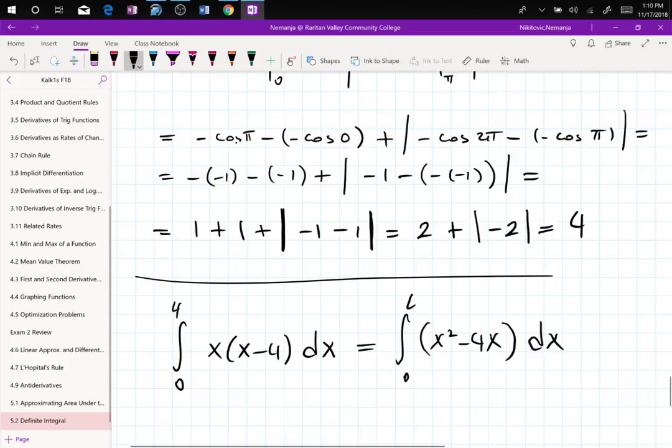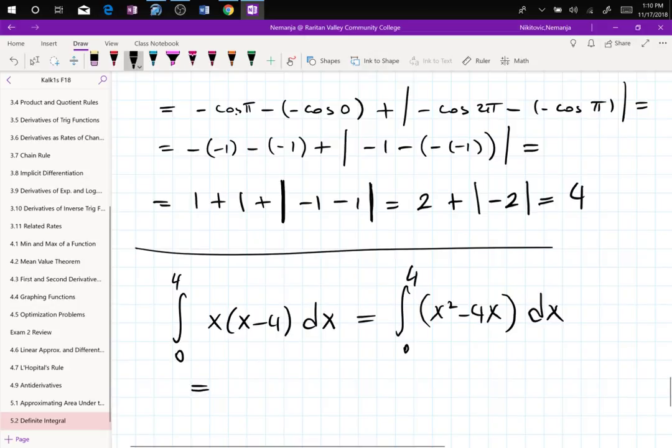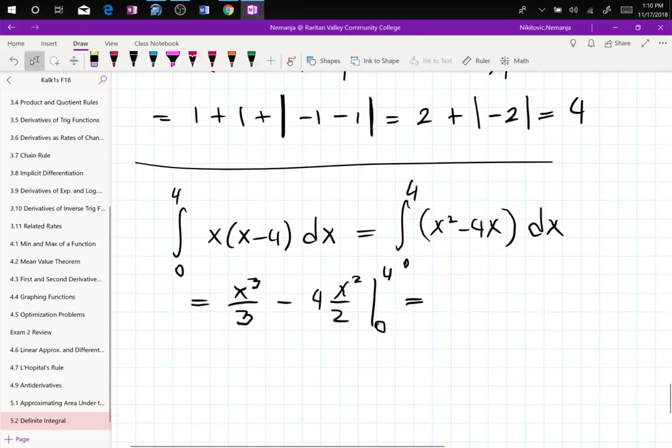We have our limits 0 to 4. Now we integrate, we get x cubed over 3 minus 4 times x squared over 2, computed from 0 to 4. All right, this pen is becoming really annoying to use. So now I cancel 4 and 2 and get 2 over here.